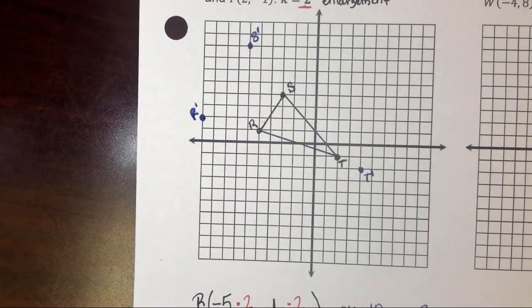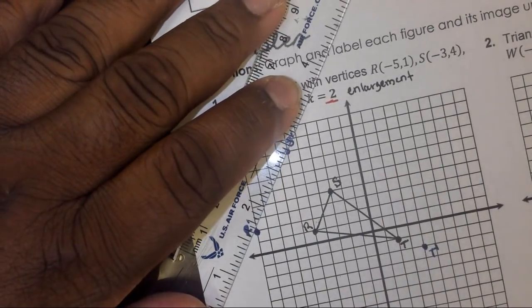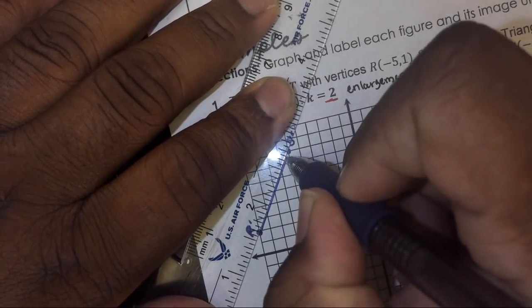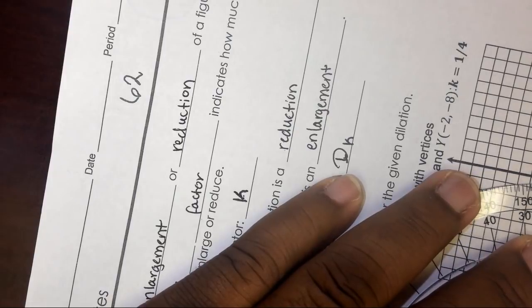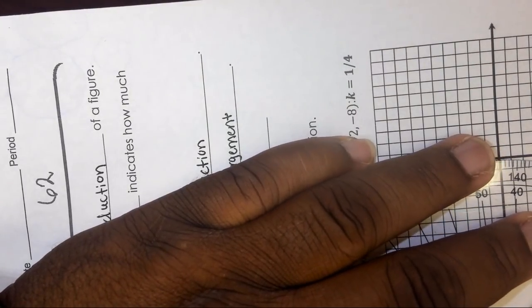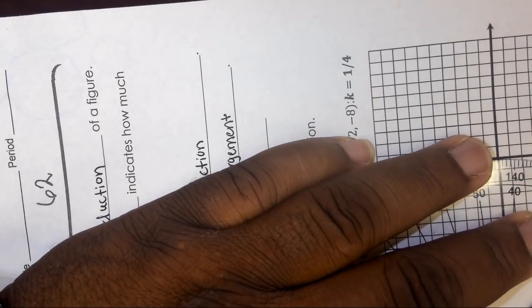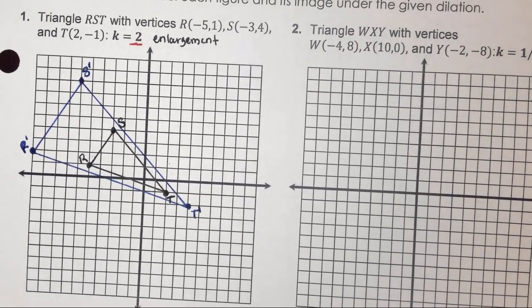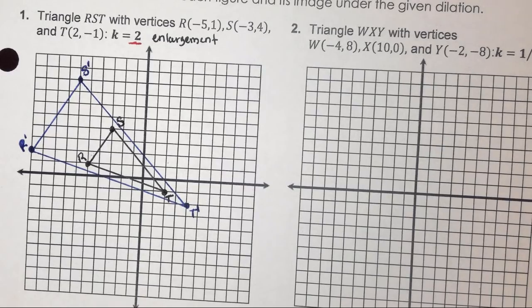And then connect. This should look like an enlargement. If you did it right, it should look like an enlargement twice the size of the regular one. If you didn't, you know, it is what it is. Alright, so that's an enlargement there.